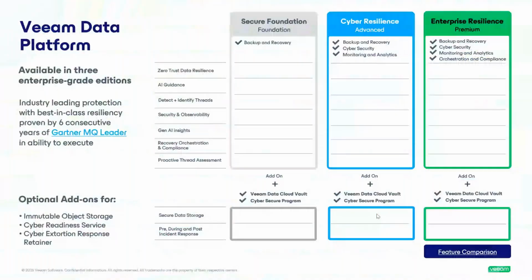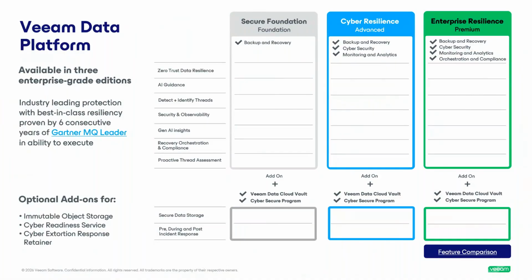So diving right in, we're going to look at the Veeam data platform. A lot of information on this page. Right in the center, take a look, we've got secure foundation, cyber resilience, and enterprise resilience on that right-hand side. What we're looking at here is just a difference of licensing model with the platform. The main foundation, you get backup and recovery.